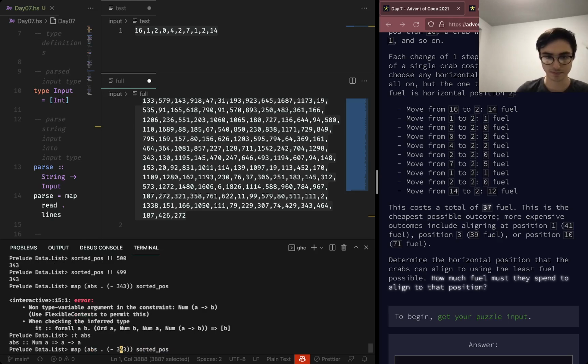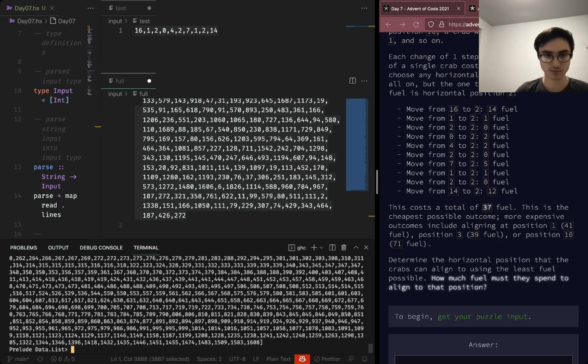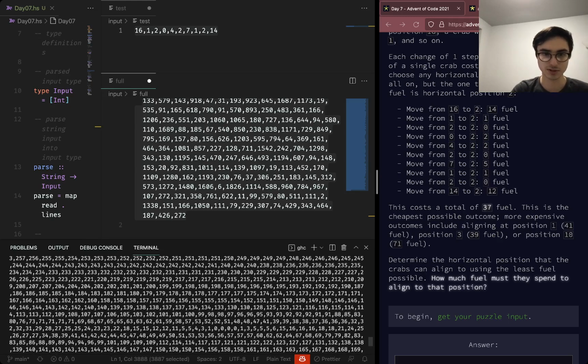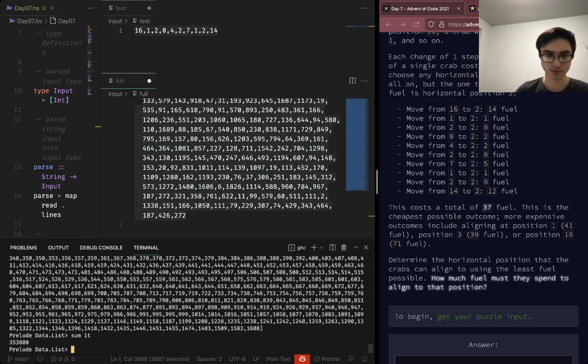It's just the parentheses and whatever. No. 343 minus. Okay, so those are all the distances, and then let's sum that. And then what happens if we move left?